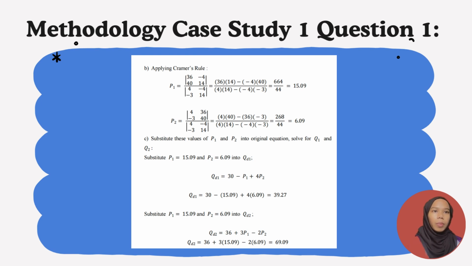Then for P1 we got 50.09 and P2 6.09. Then we need to substitute these values of P1 and P2 into the original equation to solve for Q1 and Q2. Then we got QD1 equals 39.27 and QD2 equals 69.09.